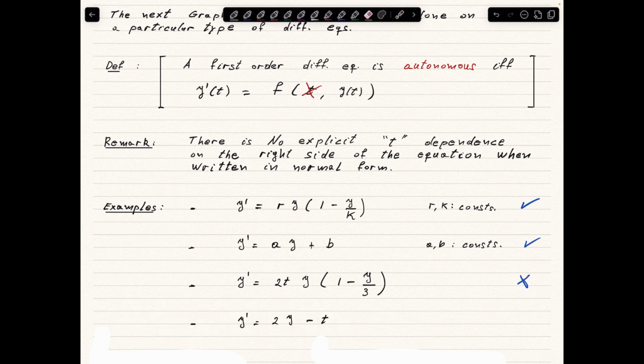And the same happens for the immigration or emigration term. If as time goes on the emigration gets larger and larger, so we have explicit t dependence on the right-hand side, then this equation is not autonomous.